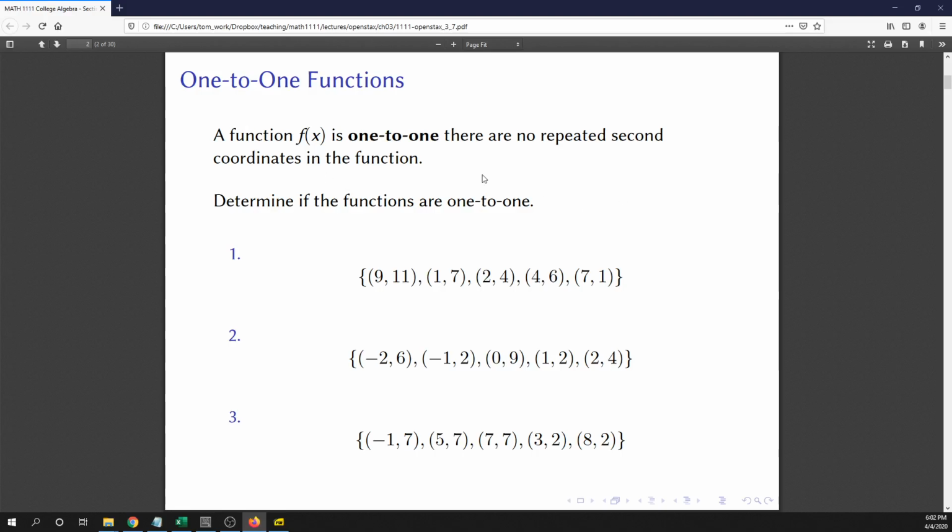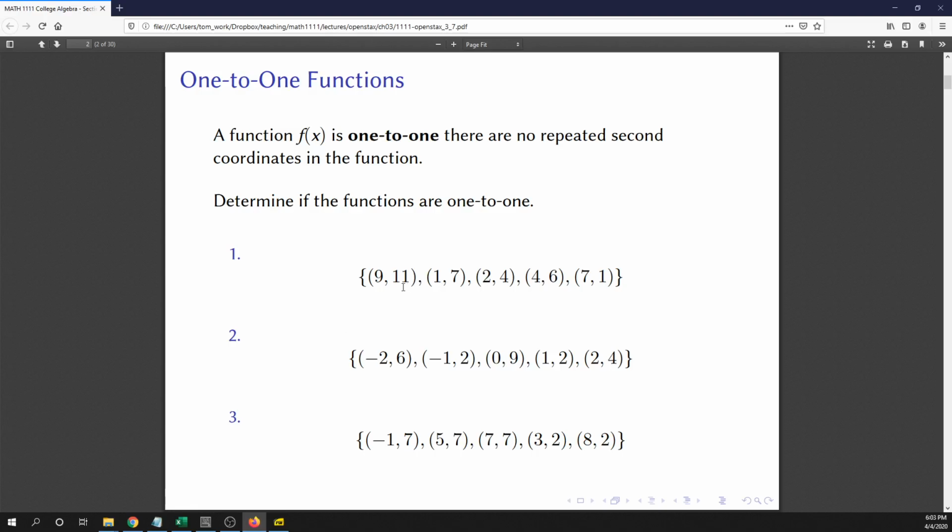So a one-to-one function is just a function where there is no repeated second coordinate. If you have your function in ordered pair notation, and it's written as simply as you can write it, in other words, where you don't have any repeated ordered pairs in there, then it's pretty easy to determine if a function is one-to-one or not.